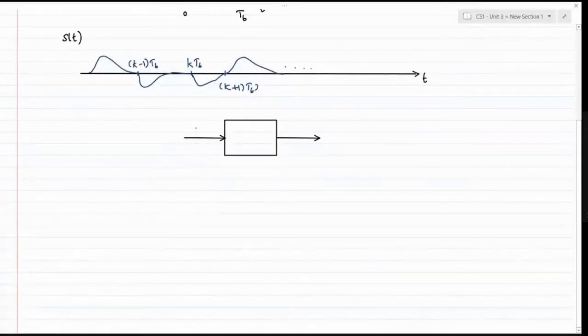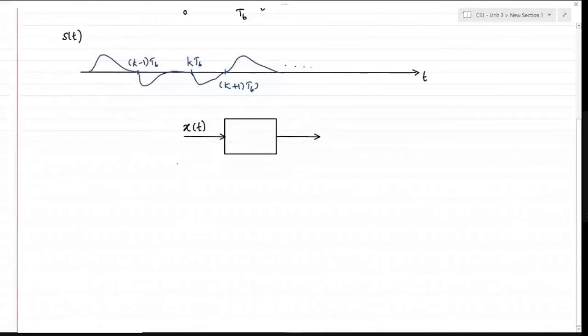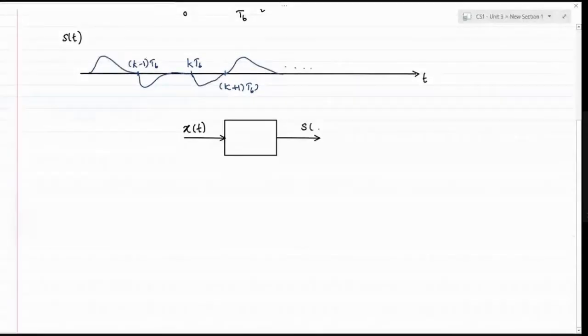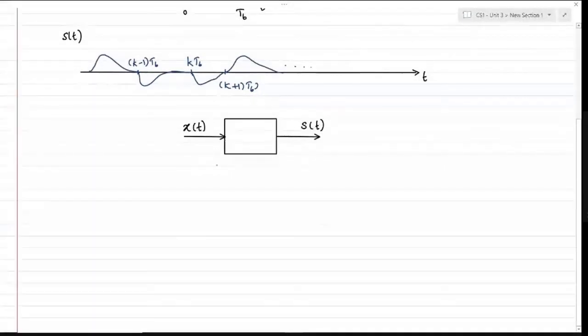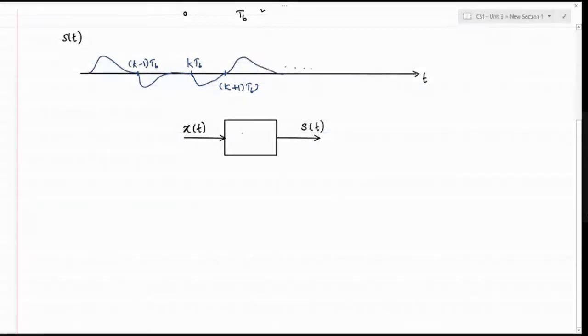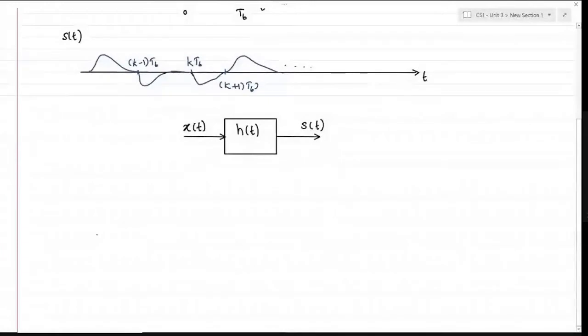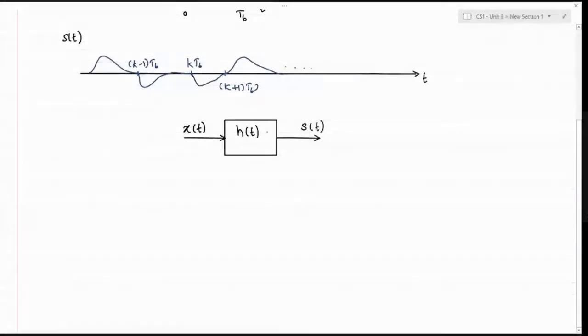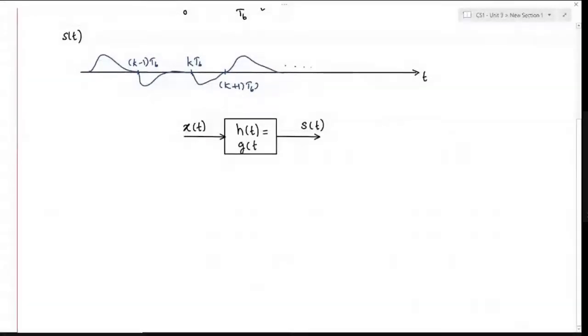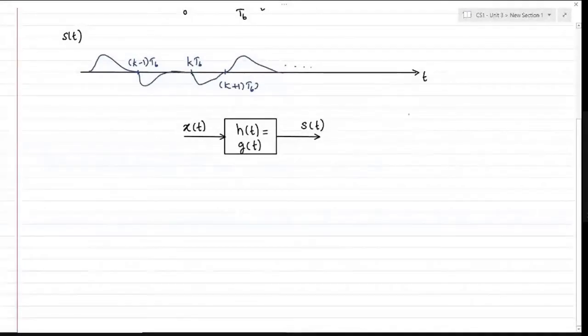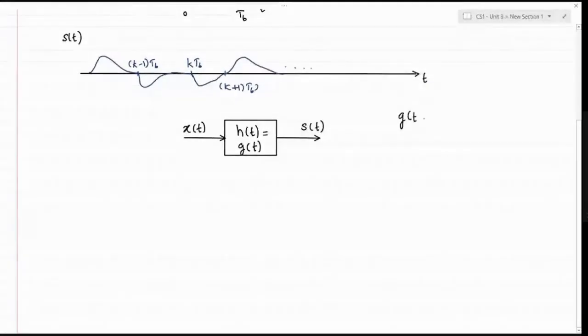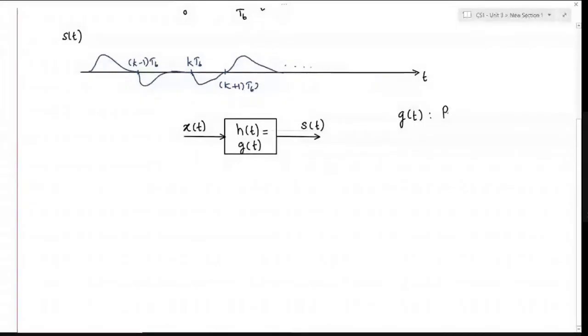Say if this is the incoming bit stream x of t, and this is s of t, my line coder or baseband modulator will have an impulse response of, say, h of t, which is in fact what I have taken here as g of t. And hence, remember this word, this g of t is known as pulse shaping.